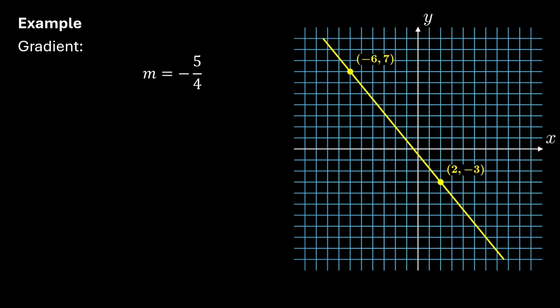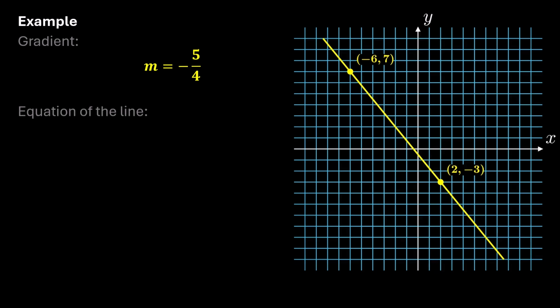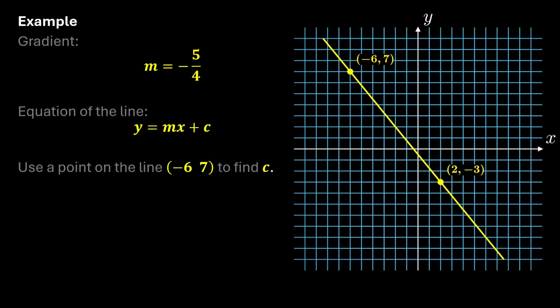We can now use this value of the gradient, as well as the general equation of the line, along with a point on the line, and in our example we're going to use minus 6, 7, in order to find c. So let's substitute these values into the general equation of the line in order to find c.